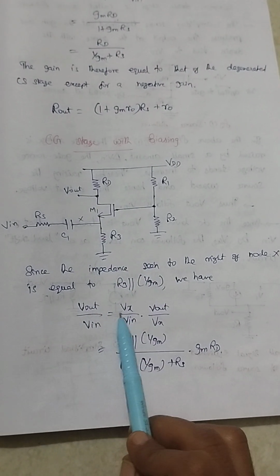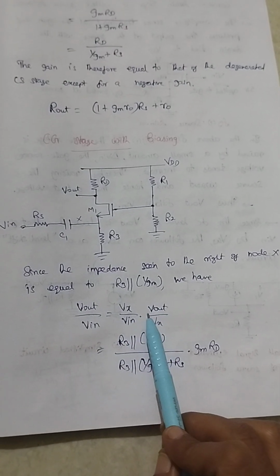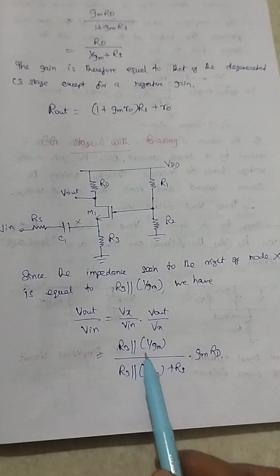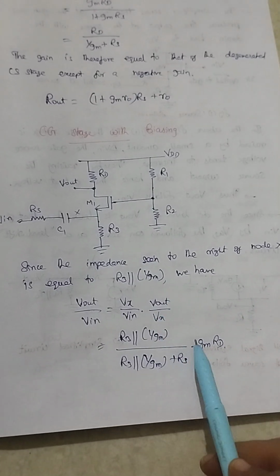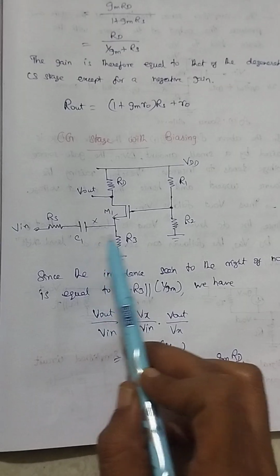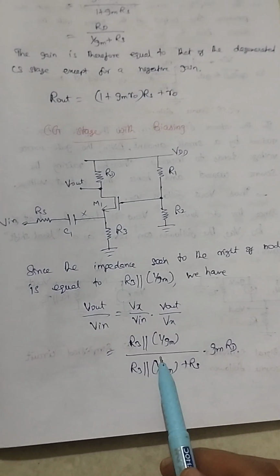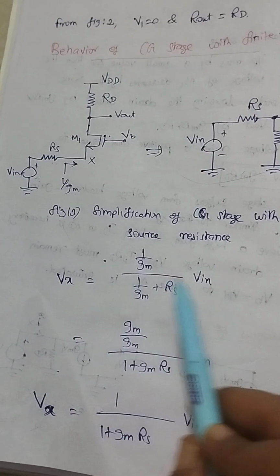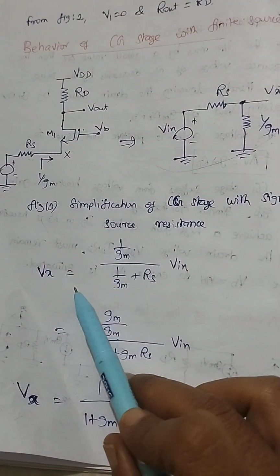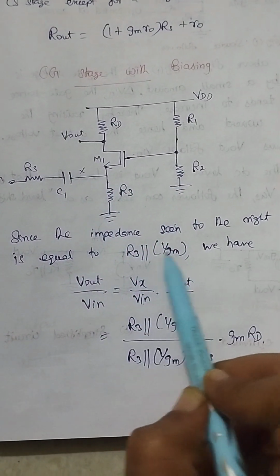Vout by Vin equal to, again I am including Vx here, so Vout by Vx into Vx by Vin. We already know Vout by Vx equal to Gm RD. What is my Vx by Vin? Here we are having one extra R3 that is in parallel with 1 by Gm now. So we can rewrite this Vx by Vin equation. Earlier we had only 1 by Gm, but in this circuit we have an extra R3 in parallel with 1 by Gm.